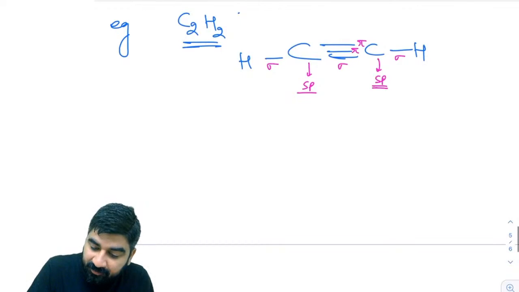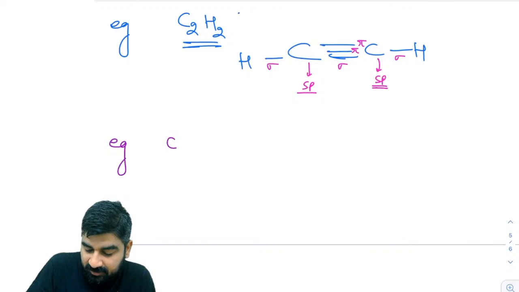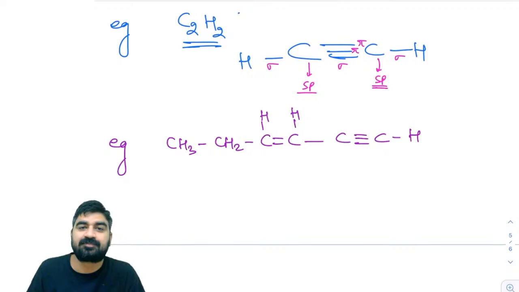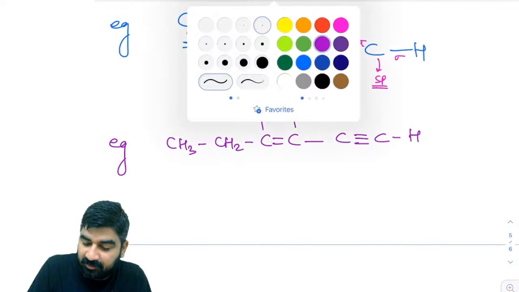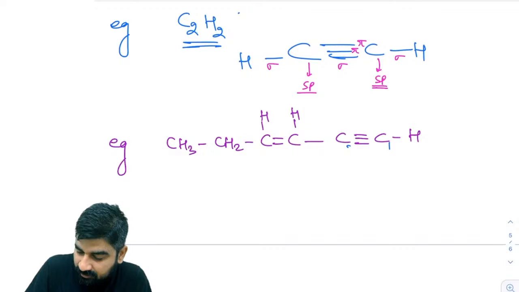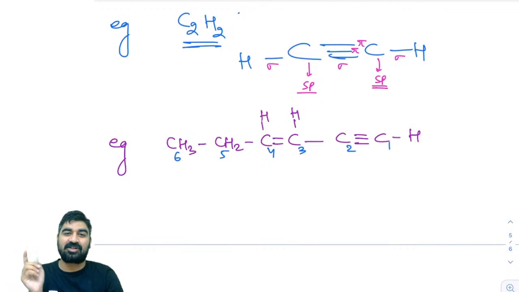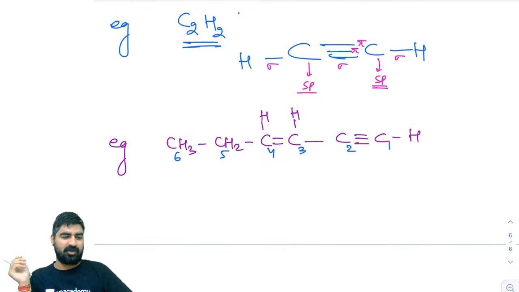Now, someone might ask you problems like it. You have CH3, like this. Suppose now I am doing the numbering for these atoms. 1, 2, 3, 4, 5, 6. So can you tell me the hybridization state of each carbon? Without any formula you can do it.